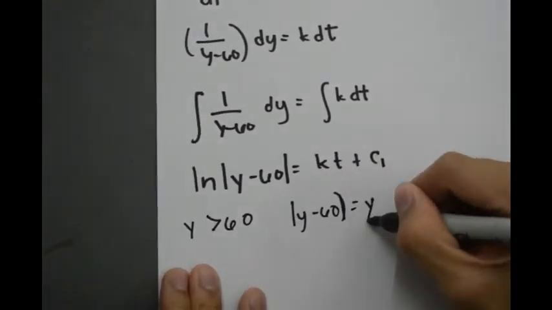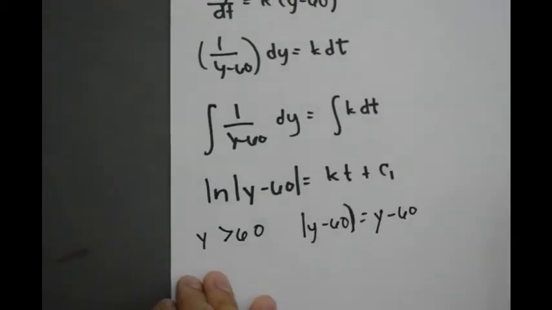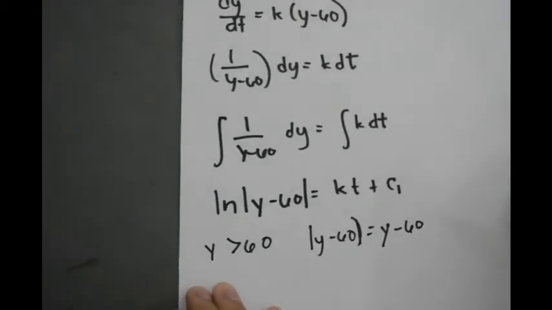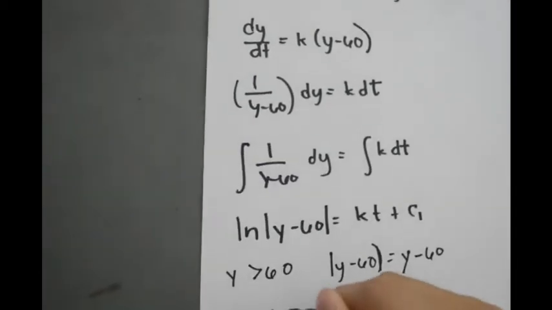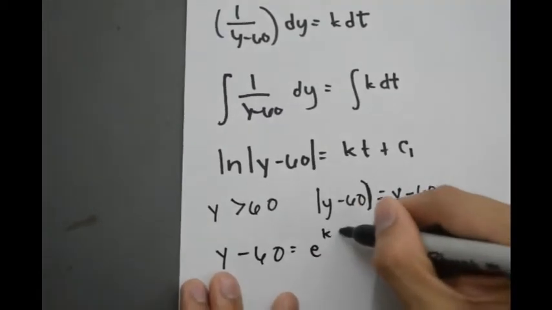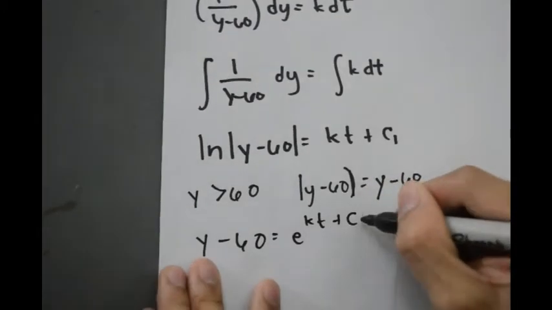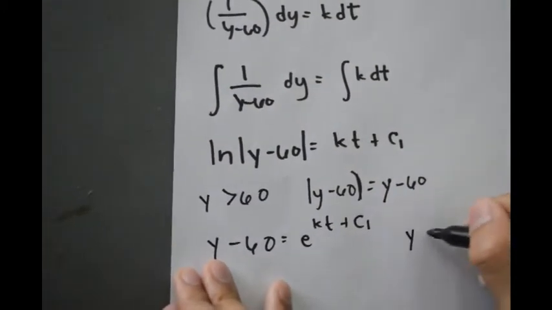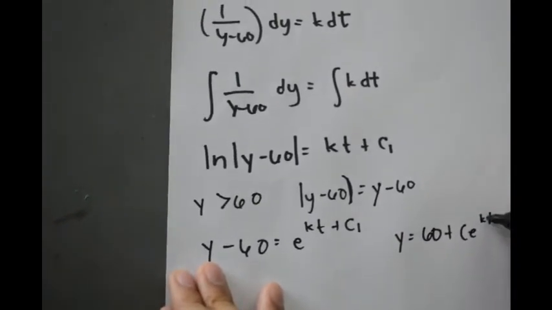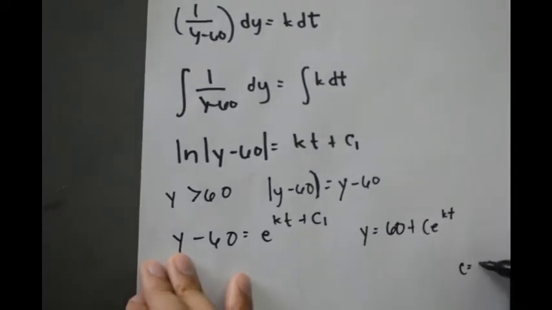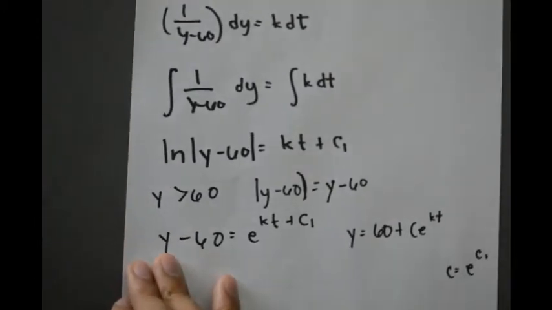Because y is greater than 60, the absolute value of y minus 60 is equal to y minus 60, and you can omit the absolute value signs. Using exponential notation, you have y minus 60 is equal to e raised to kt plus c sub 1, and y is equal to 60 plus c e raised to kt, as c is equal to e raised to c sub 1.